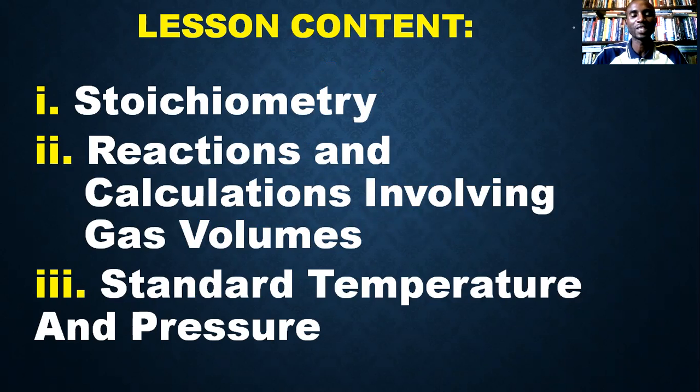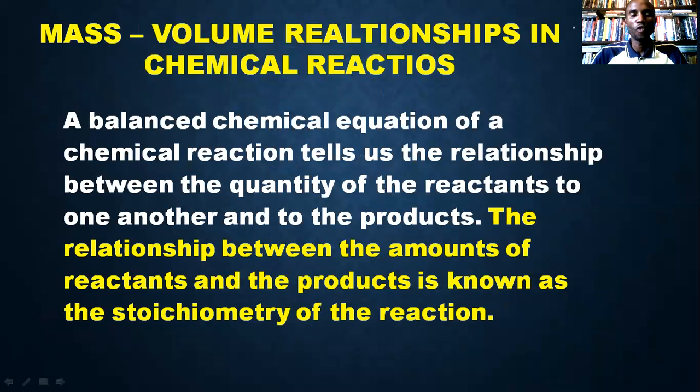First of all, what stoichiometry is and the reactions that have to do with mass-volume relationship, or the calculations that involve mass and volume relationships. First of all, we need to understand that a balanced chemical equation of a chemical reaction tells us the relationship between the quantity of the reactants and one another, and the product that is being formed.